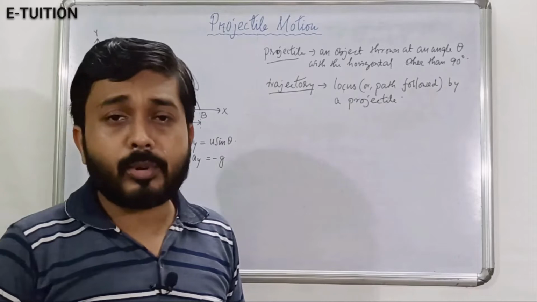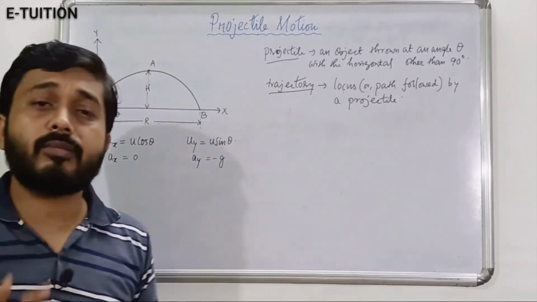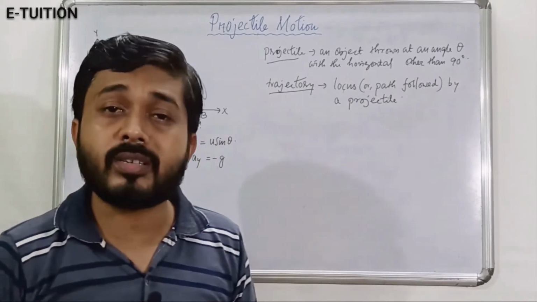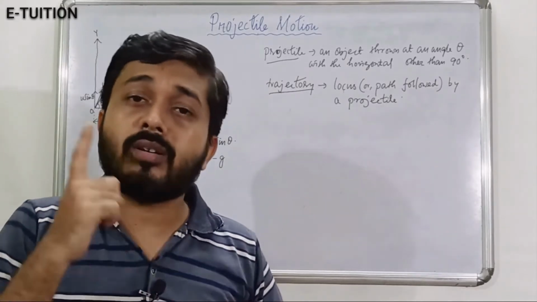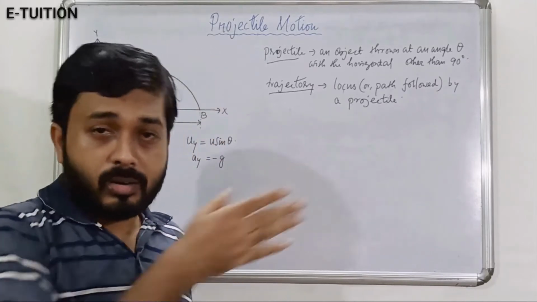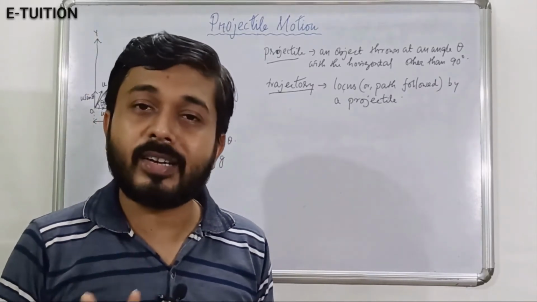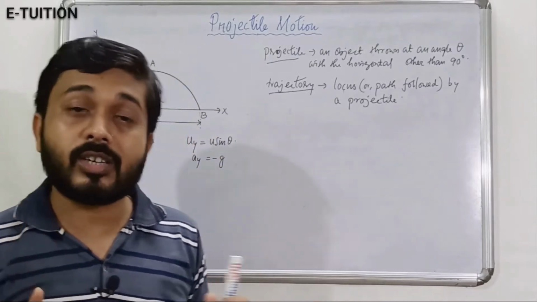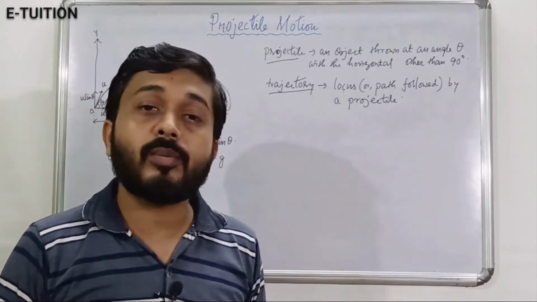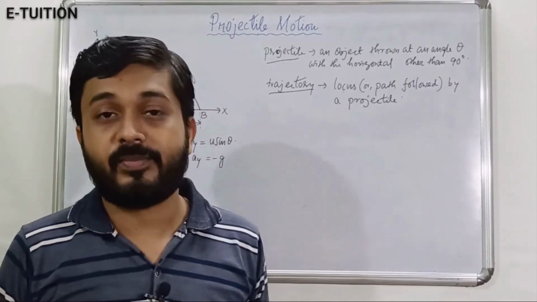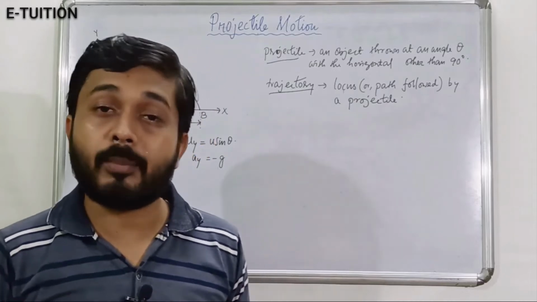So this entire projectile motion, which is taking place in a vertical plane, can be considered to be a sum total of two motions. One is a horizontal motion, and another one is a vertical motion. These two motions are basically independent of each other, so we can consider each of them separately. No one is going to hamper the other.